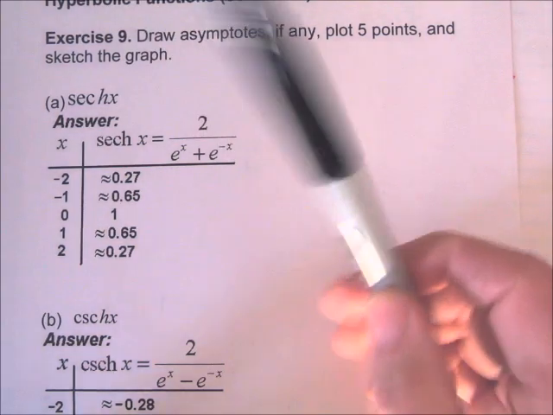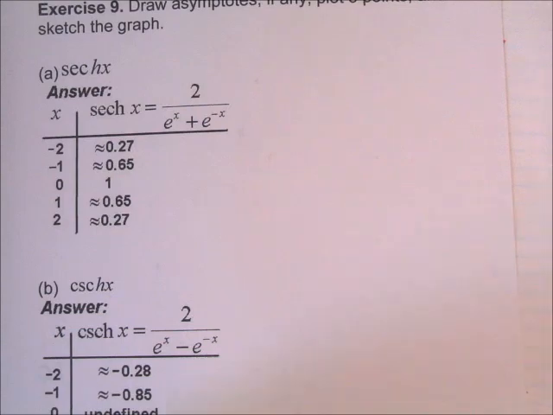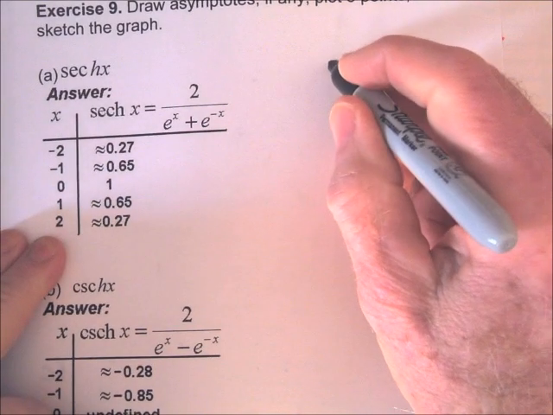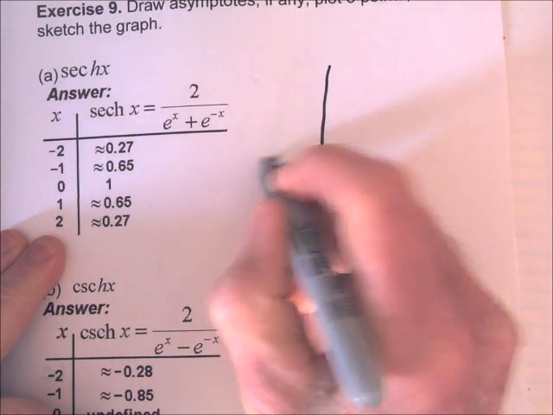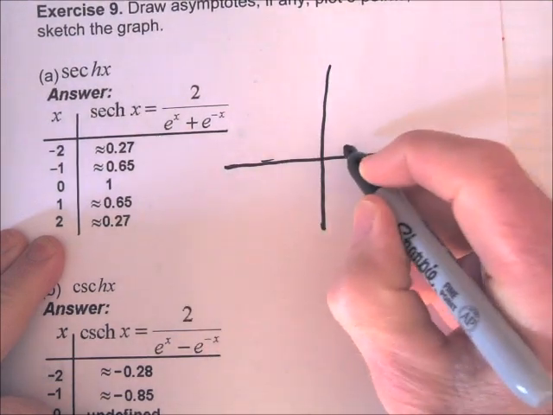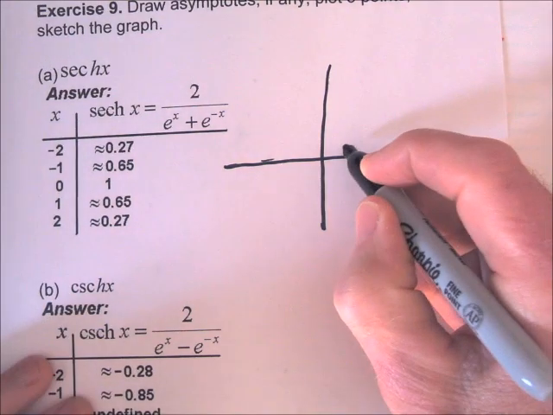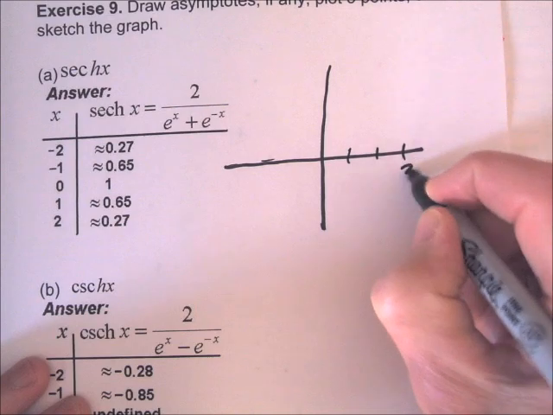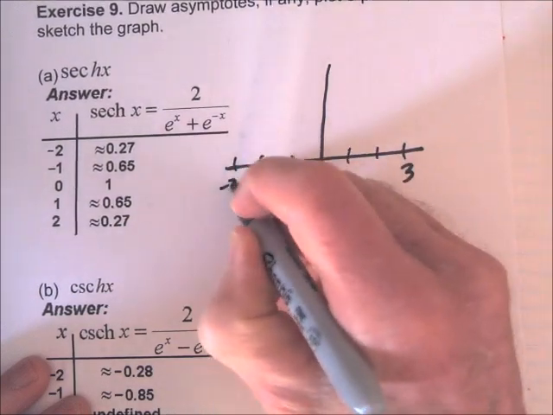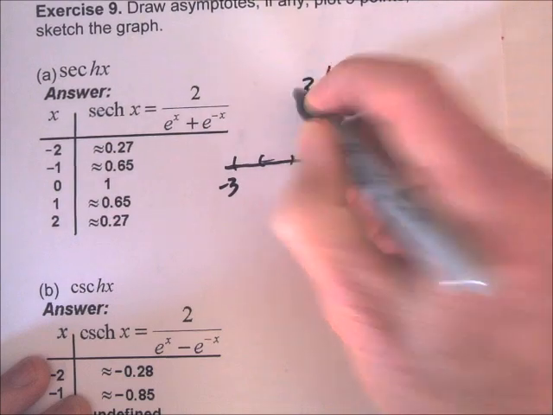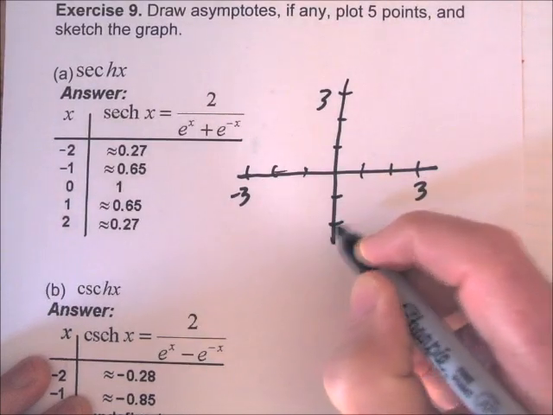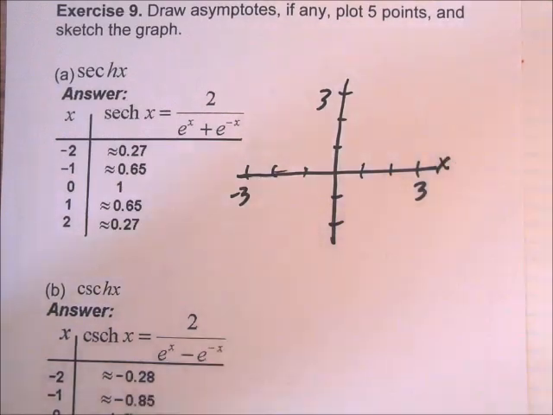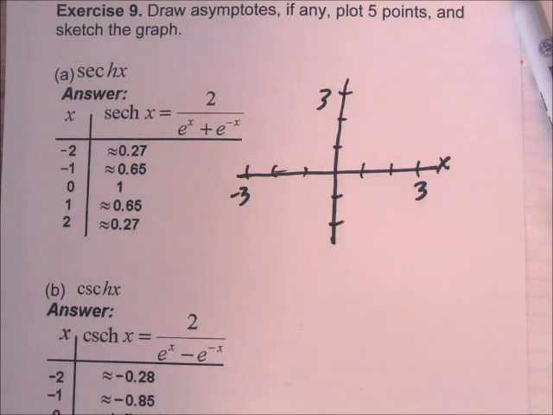And again, we can pick some values of x and compute the sech. Okay, so let's take a look at the cosh.